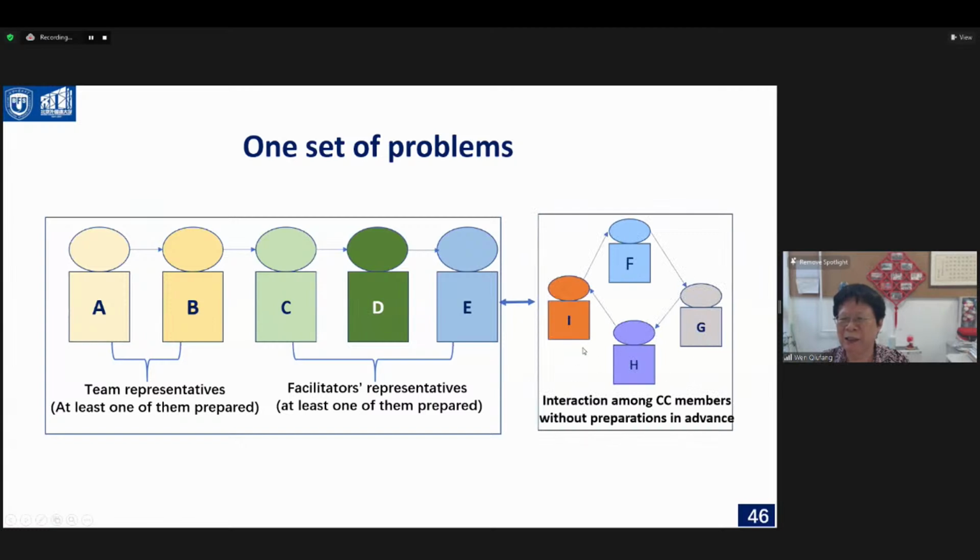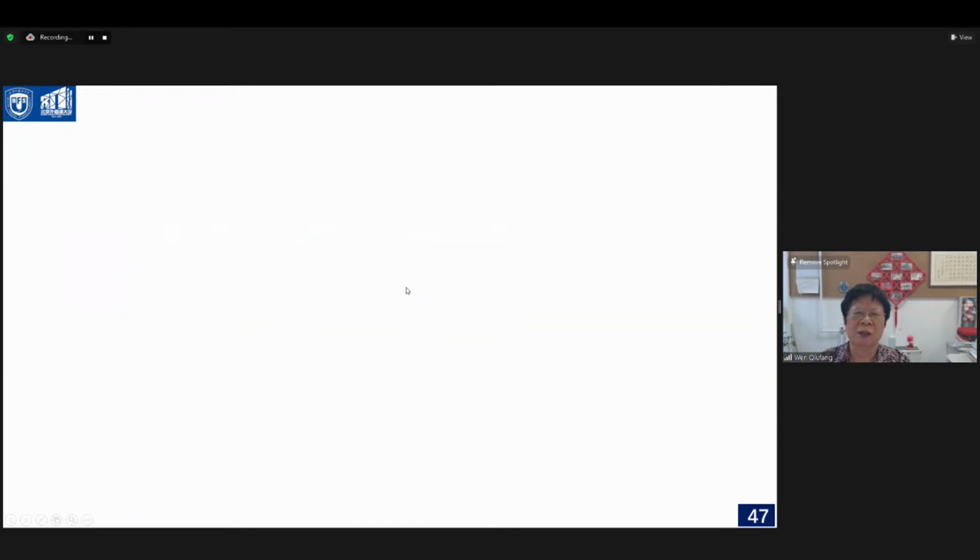And then we have interaction among all the CC members. These members may put up questions in the chat room without preparation, so we may discuss their problems later once we finish the prepared presentations.